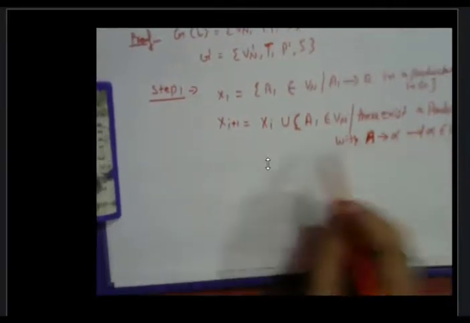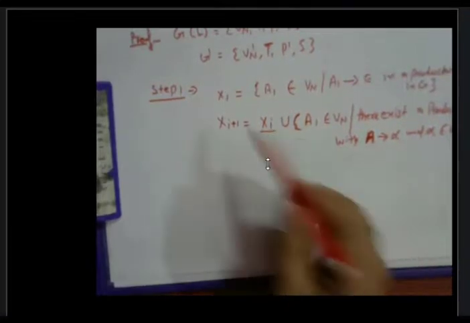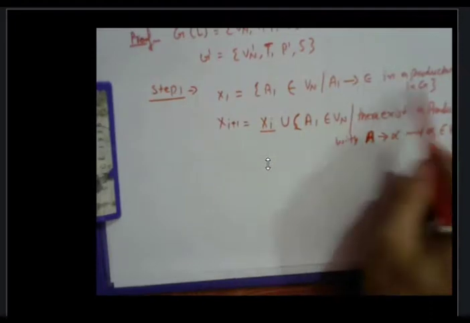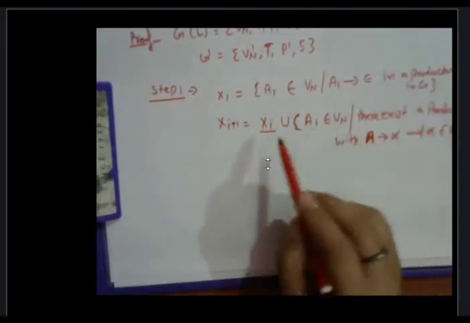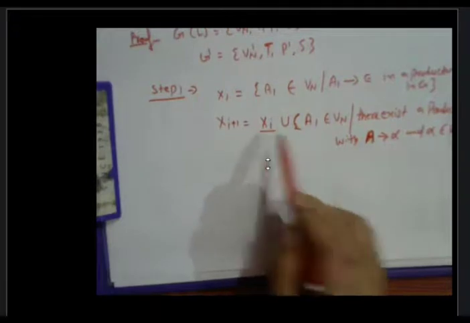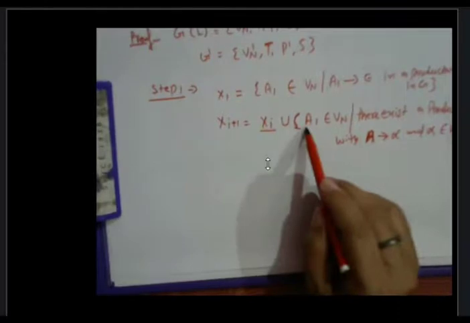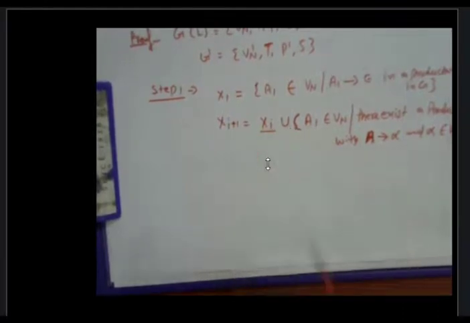This is the case: if Xi is the value which comes from the first step, they can derive the null variables, and which can derive those variables from the grammar, they can add it with the Xi.